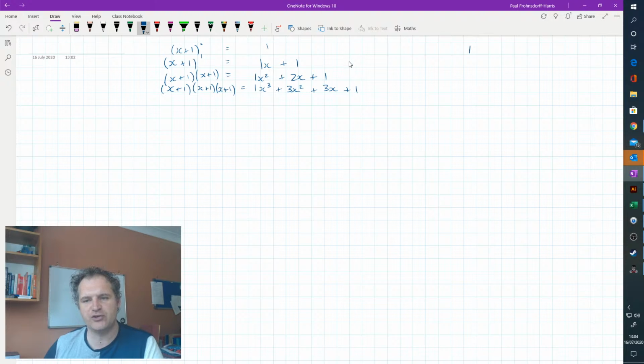Extrapolating just the coefficients, you get 1, 1, 1, 1, 2, 1, 1, 3, 3, 1. And you can always find the next number down by adding the pairs. 1 on either end. Those make 4, 6, 4. So that would be the next pairs of coefficients if I was to do x plus 1 to the power of 4.